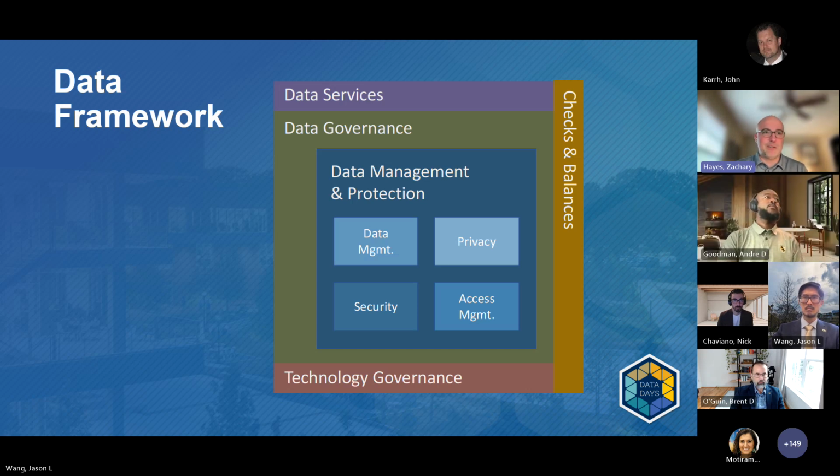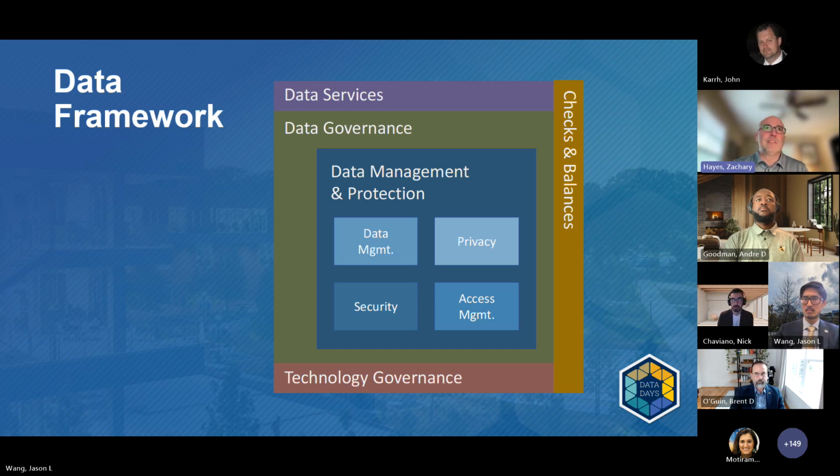The focus really isn't around technology governance or data governance. Those are very important and key pieces of this framework. But ultimately, we do all of this to create data services. We need data back in your hands to be able to make data-informed decisions, carry out various business functions and processes.